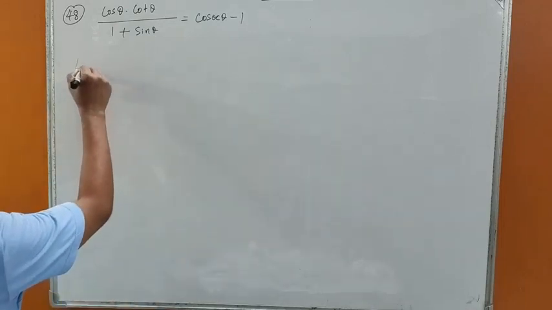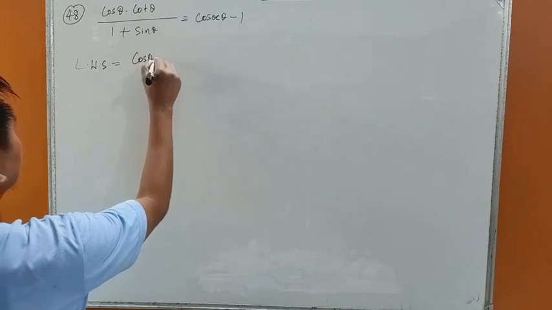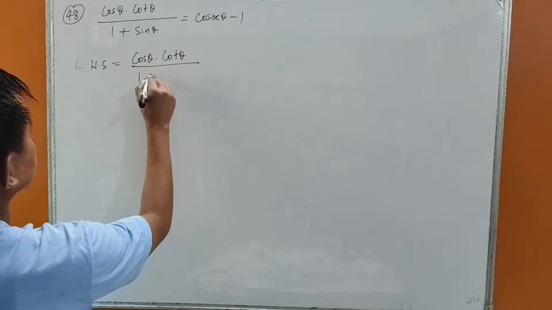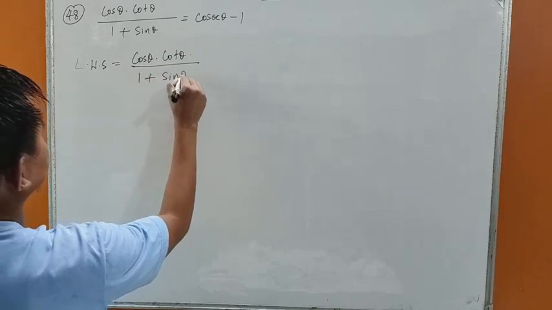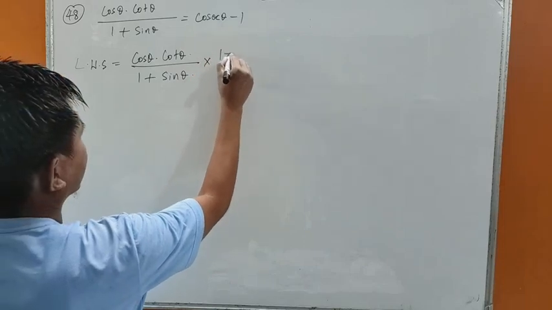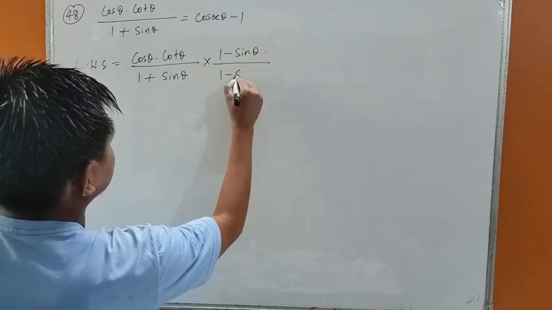So let's do this. LHS equals to cos theta dot cot theta upon 1 plus sin theta, isn't it? Now let's multiply this fraction by 1 minus sin theta in the numerator and in the denominator as well, okay?